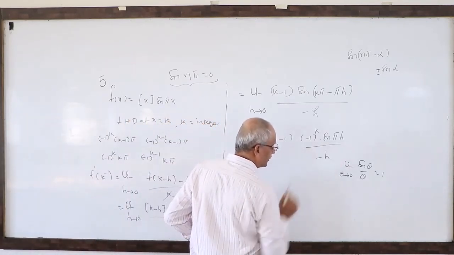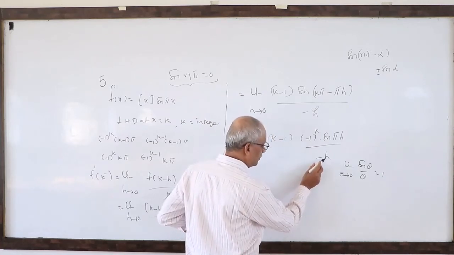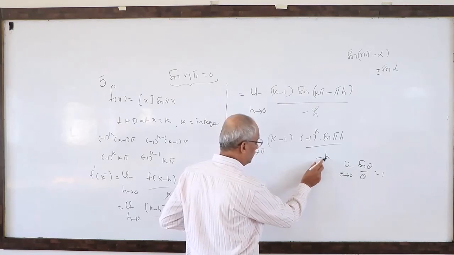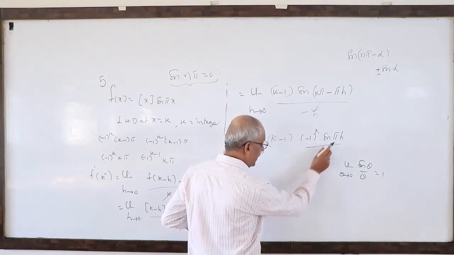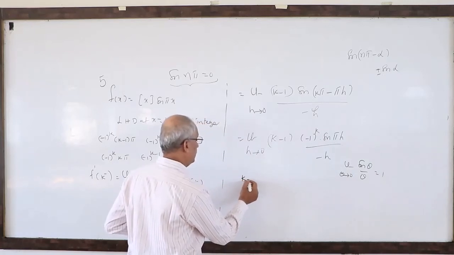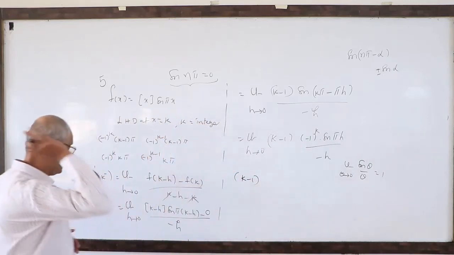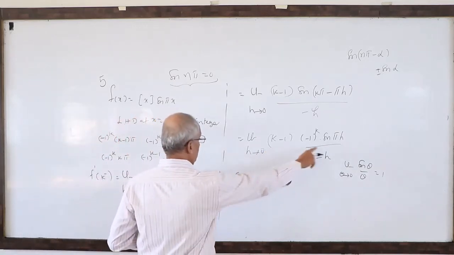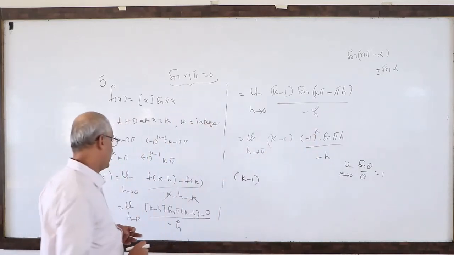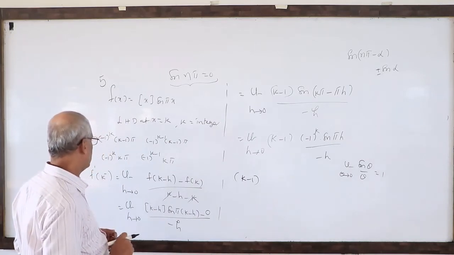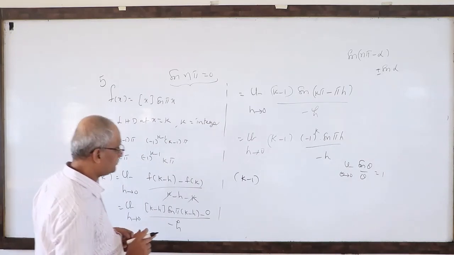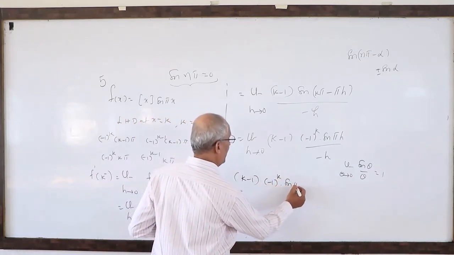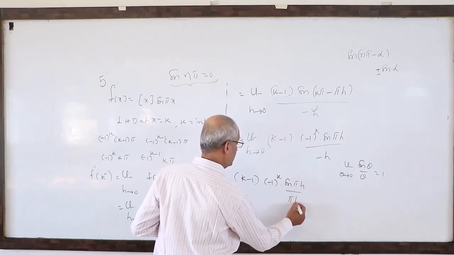The angle is pi h, but here it is only h. Multiply and divide by pi. K minus 1, this minus I will give here. Right? Minus 1 power k minus 1, sin of pi h by pi h into pi.